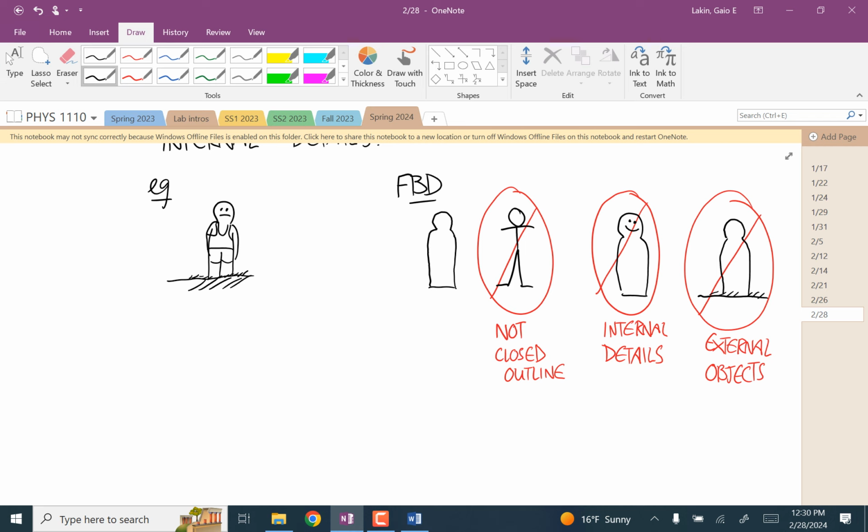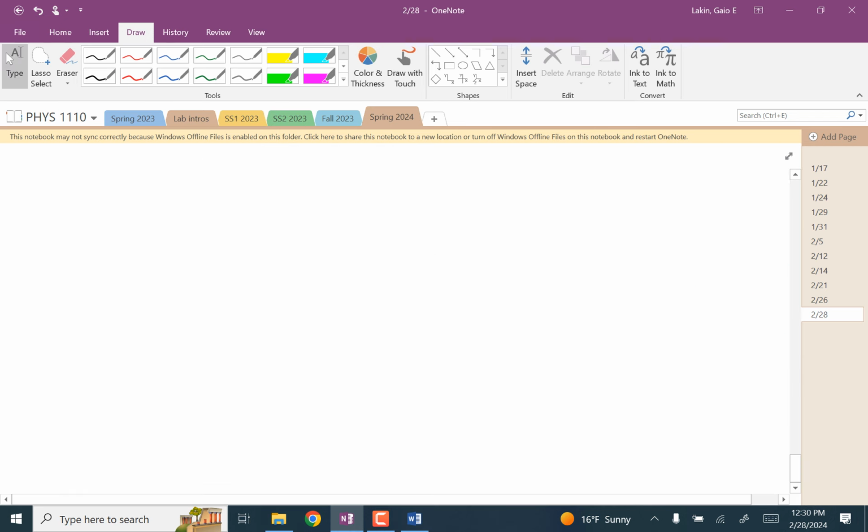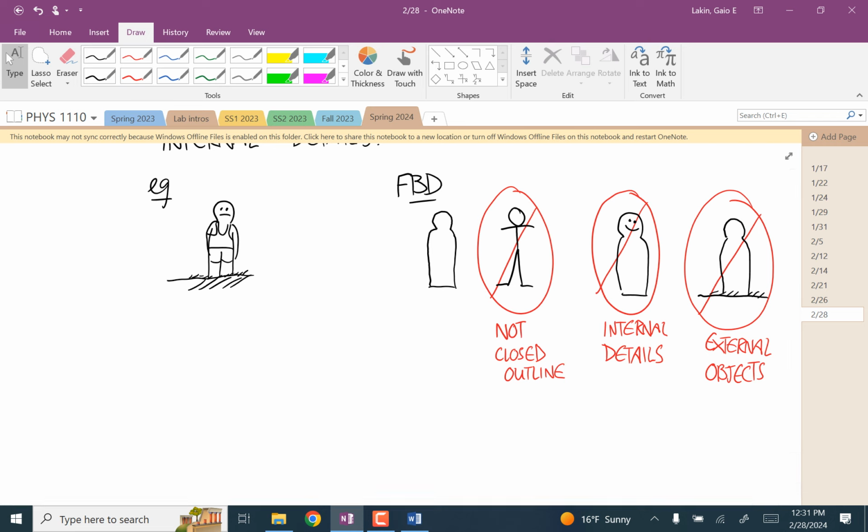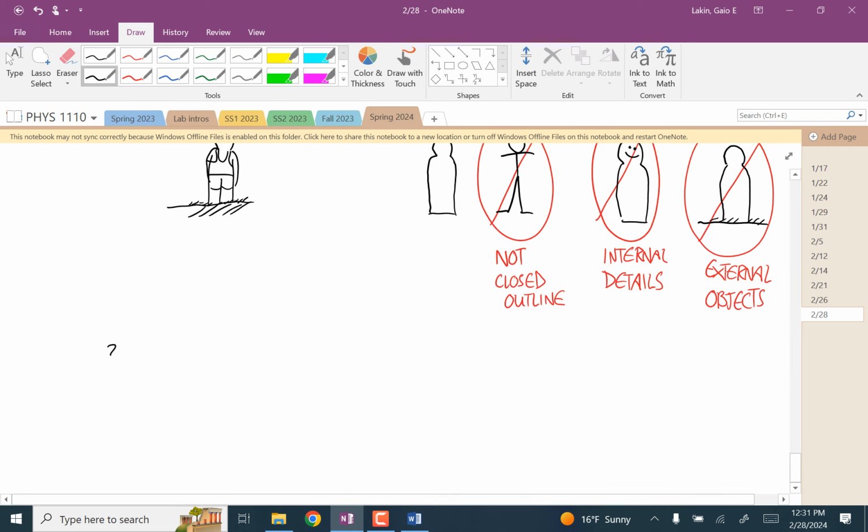So after you've drawn this outline, draw a downward arrow representing the weight force.